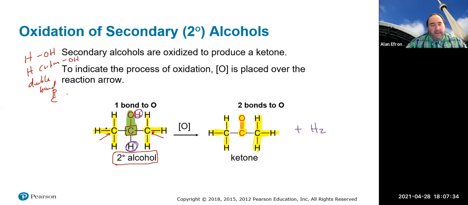When we oxidize a secondary alcohol, we end up with another organic compound, which is known as a ketone. And the functional group for a ketone is basically a 3-carbon run in a row. And on that center carbon, you have the carbon-oxygen double bond.